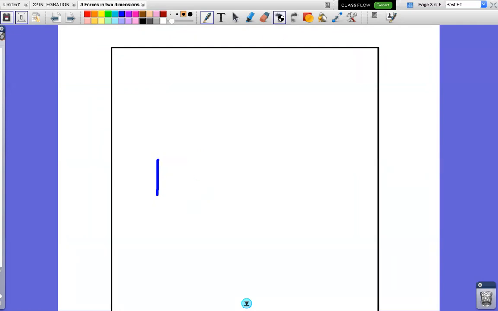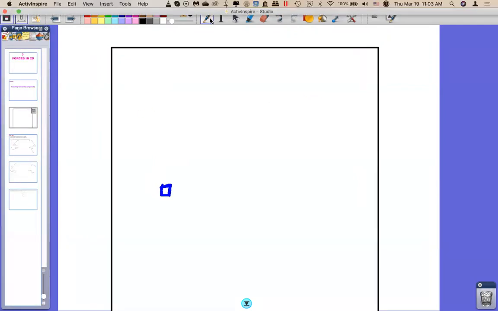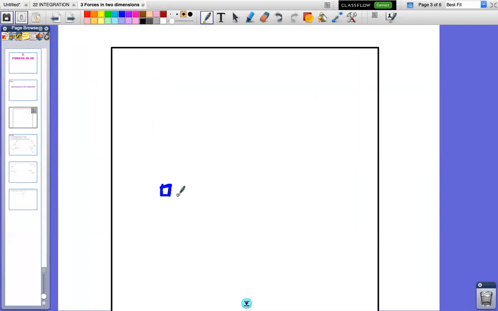For convenience, I'll make the book as small as possible. Let's say one person pulls the book to the left with a force of, say, 5 newtons.